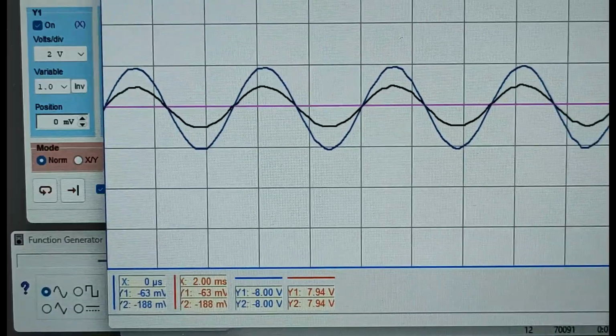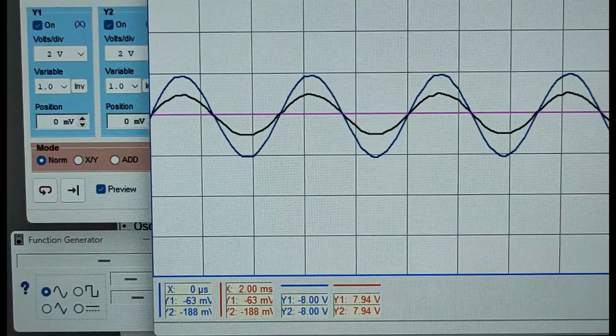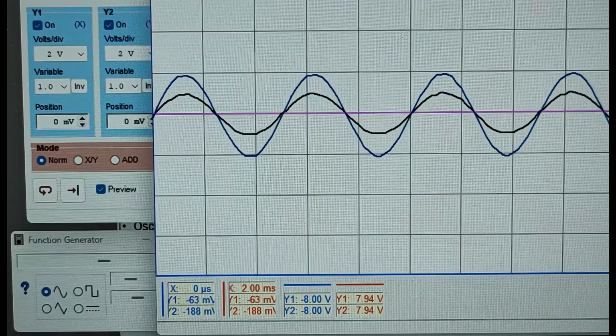Now, let us try to verify the peak-to-peak values of these waveforms. Remember, we made the simple computation of the amplification factor of our amplifier circuit. We came up with the value of 2.